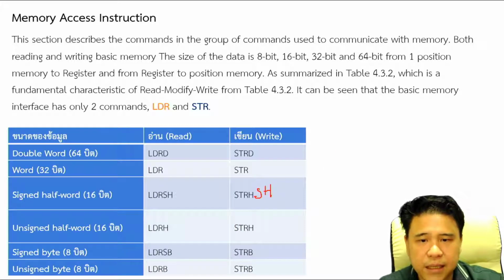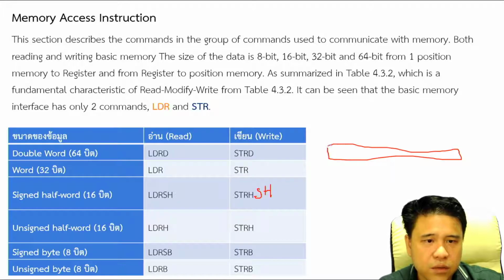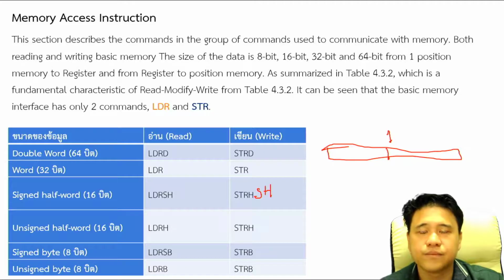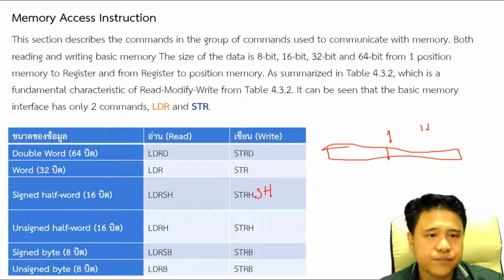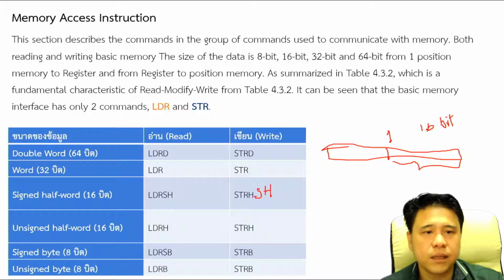Let me explain like this. This is your memory or your register, and you will find this is 1. This is 16 bit, and you would like to keep this from memory into R0.